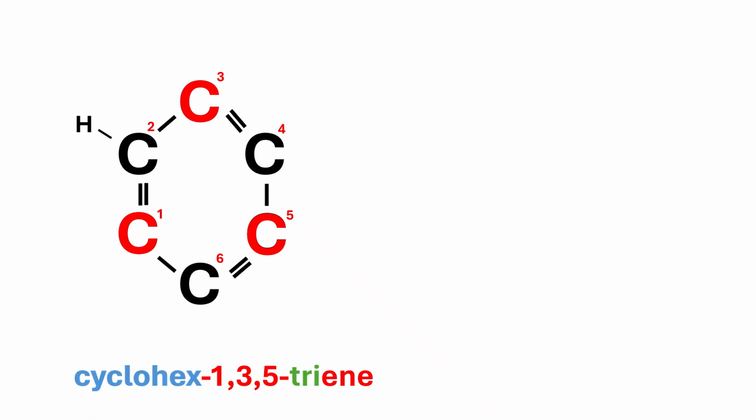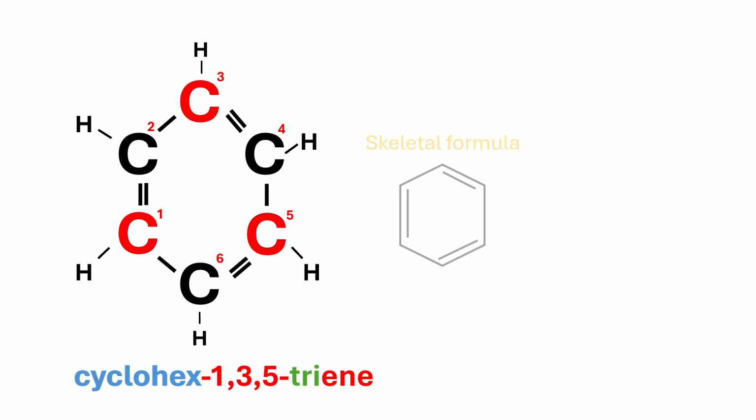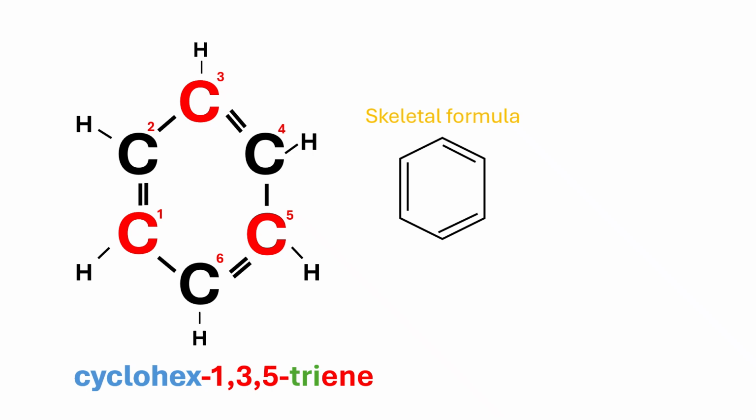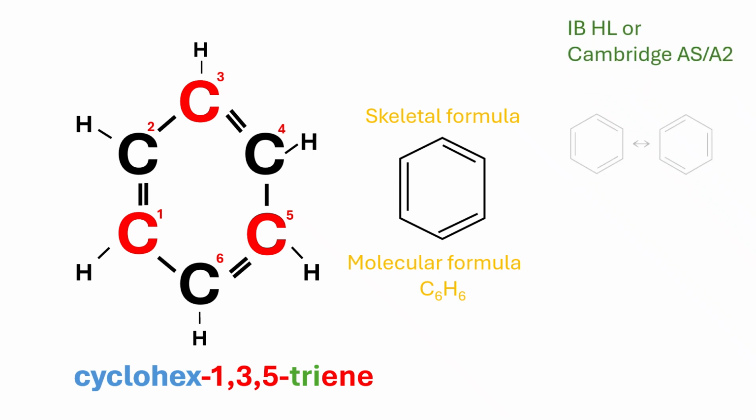It brings the structure of cyclohexa-1,3,5-triene, having 3 C=C double bonds, becoming a triene with only 1 hydrogen on each carbon. So the skeletal formula, you might be familiar with this structure already because this actually is present in many structures. And the molecular formula goes C6H6.